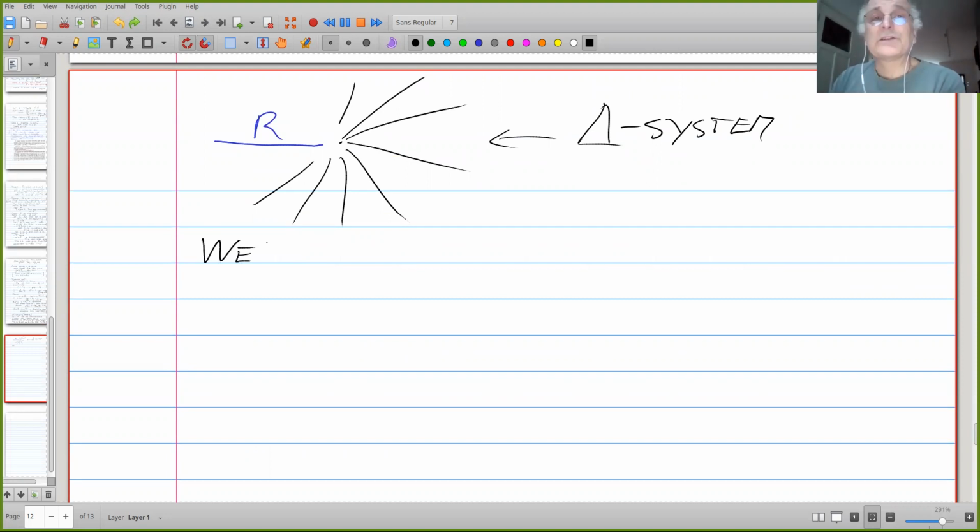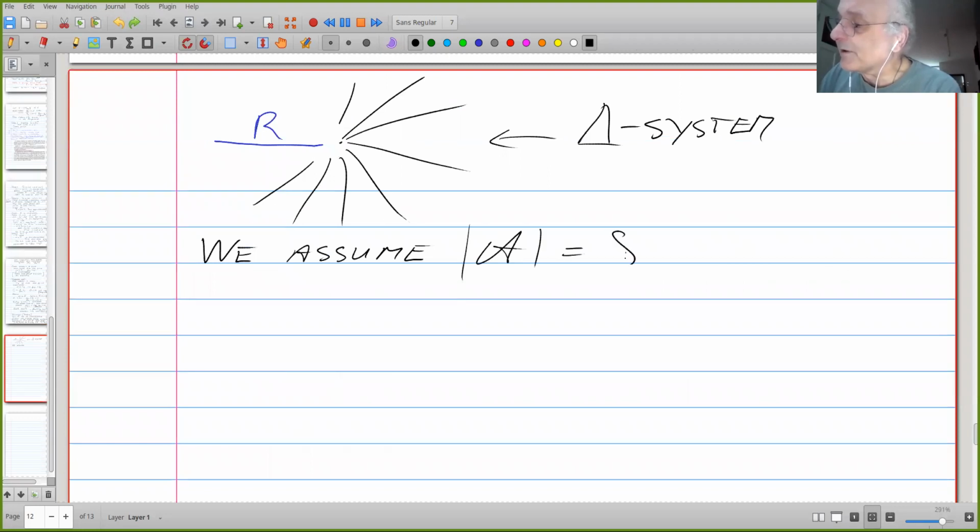Okay, A is uncountable, and if it should work for an arbitrary uncountable family, it should work for a family of size aleph 1. So we assume, why not, A has cardinality aleph 1.